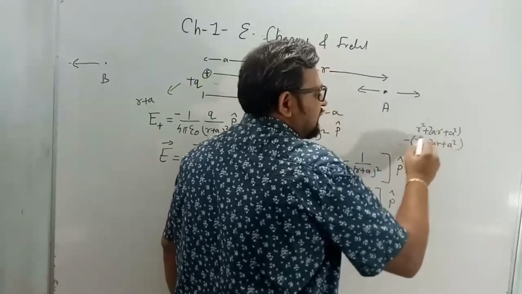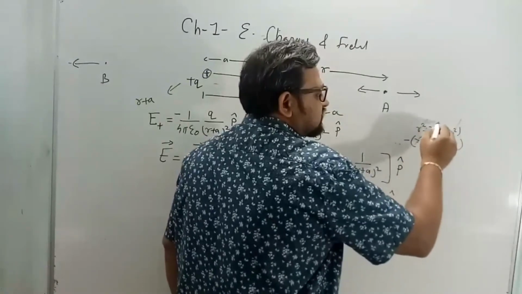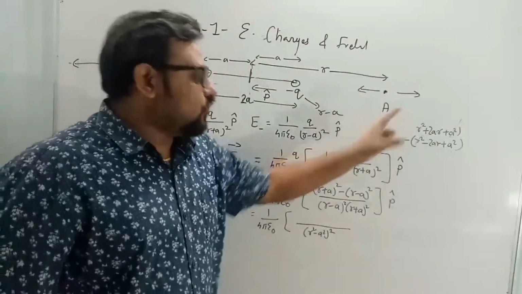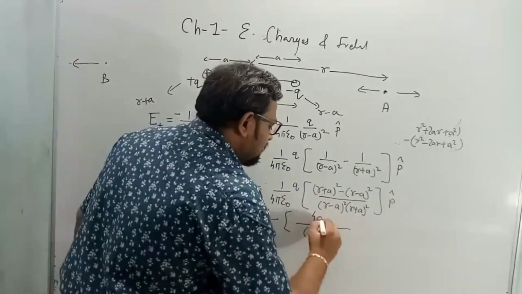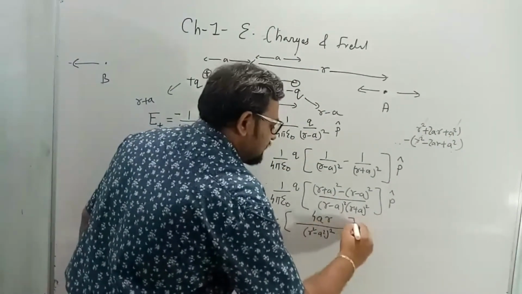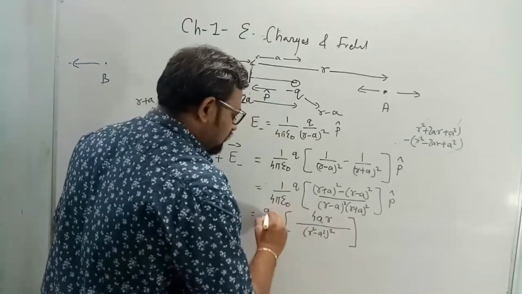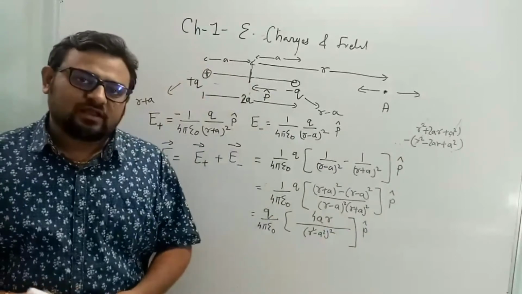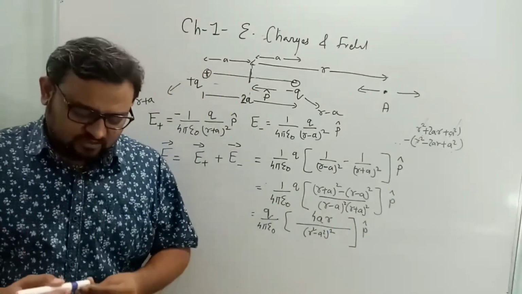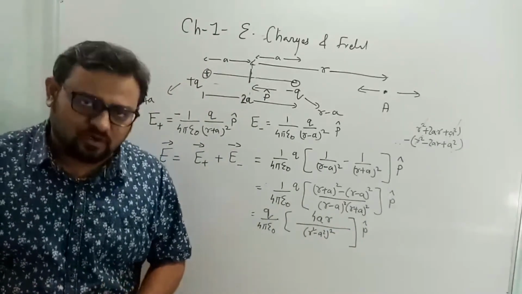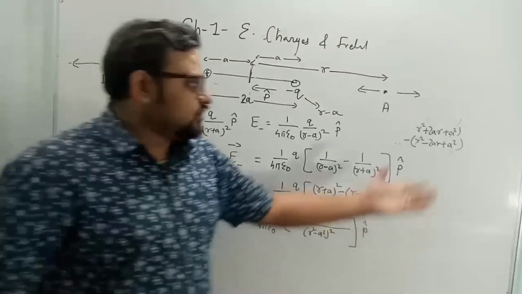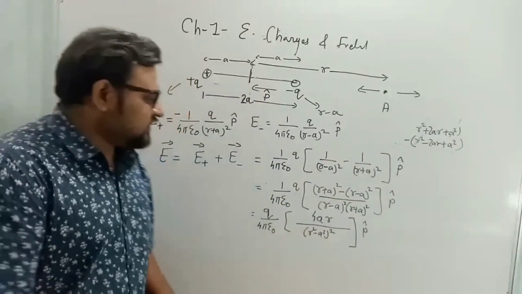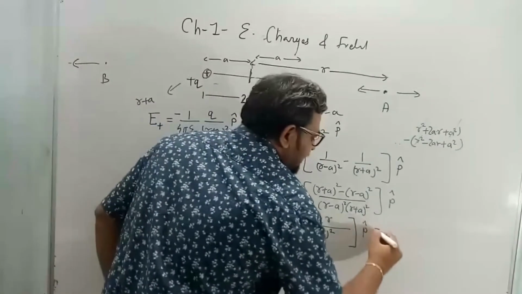So r square minus r square, a square minus a square, 2ar minus minus plus, so 4ar. Okay, I just forgot q into p. Clear? See, when it comes to written work, in exam, no need to solve this extra step. You can directly write down 4ar.